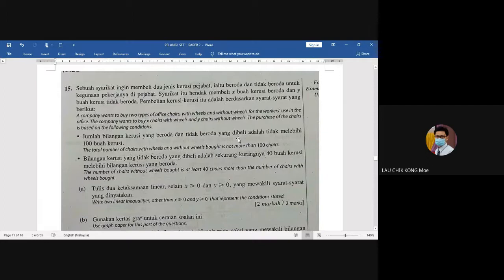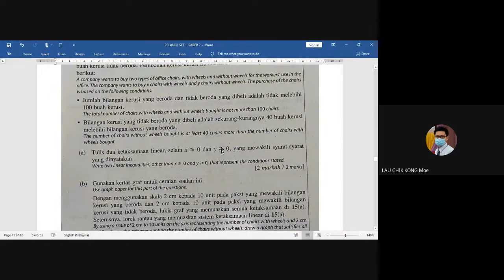The company wants to buy X chair with wheels and Y chair without wheels. The purchase of the chair is based on the following conditions. Number 1, the total number of chairs with wheels and without wheels is not more than 100.